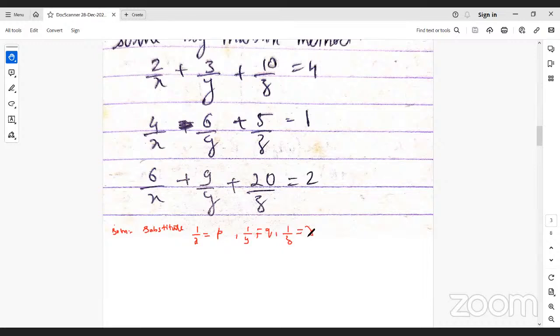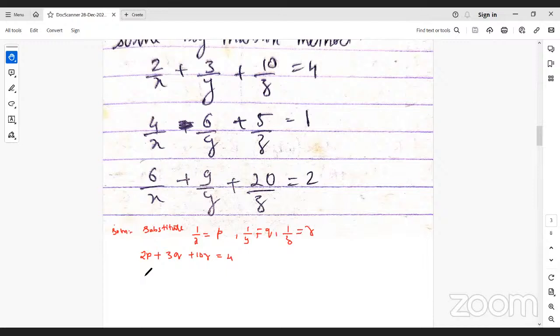So these three substitutions we need to make, and after that the equations will get converted into the form 2p plus 3q plus 10r is equal to 4.